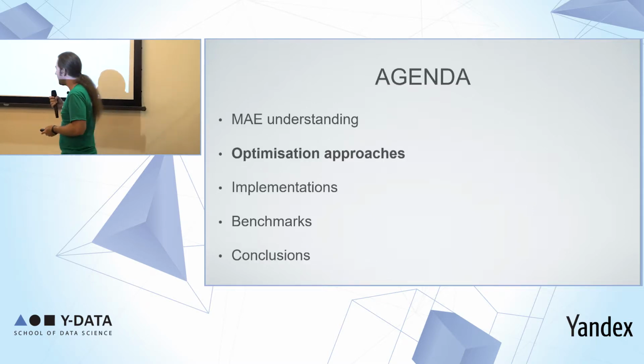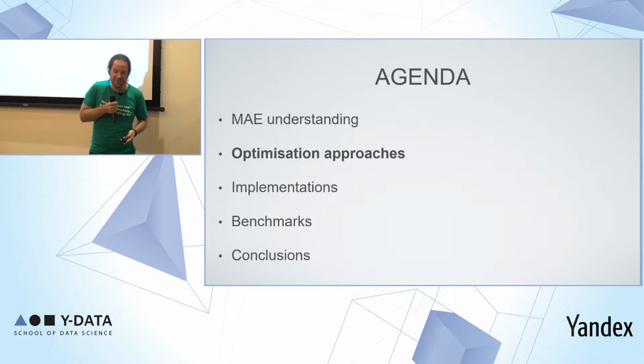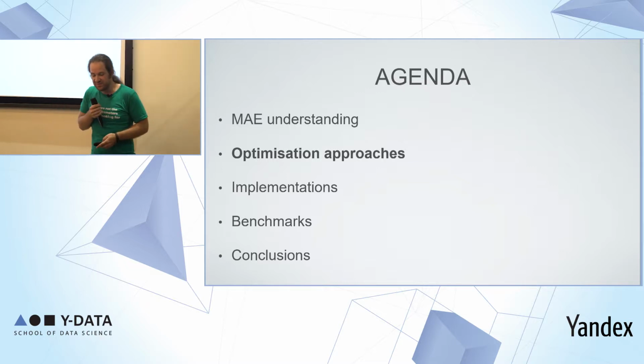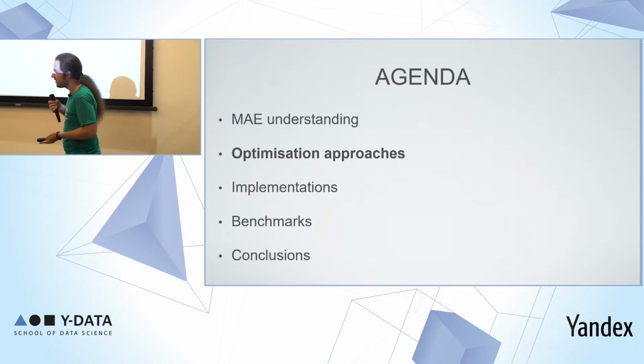Now I would like to talk about the optimization approaches specific to mean absolute error. First of all, how it's connected to Kaggle.